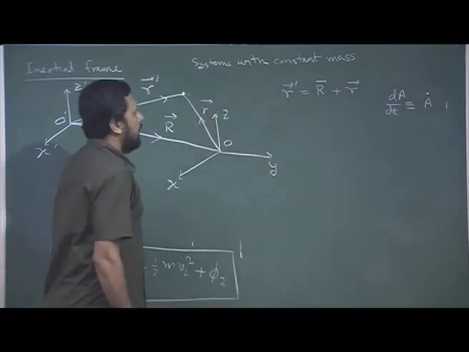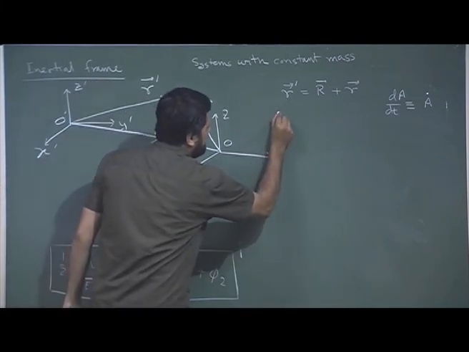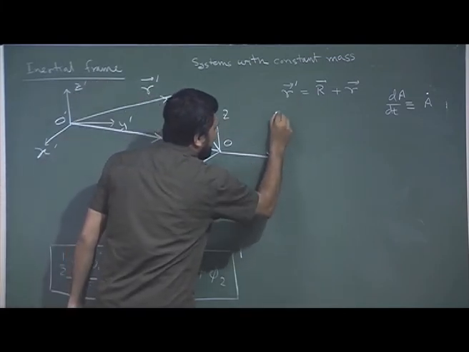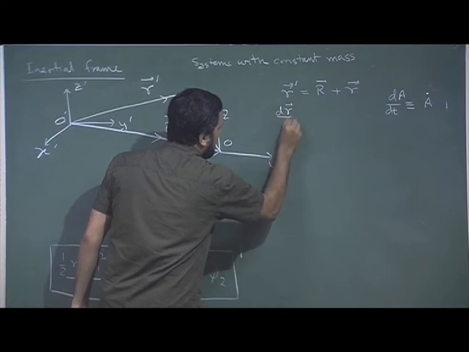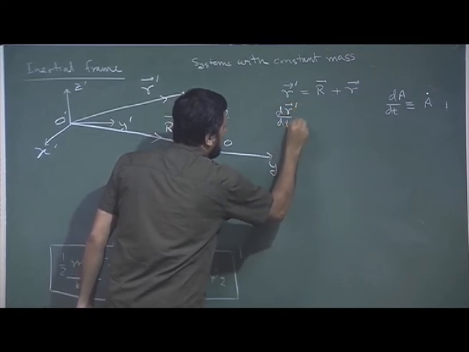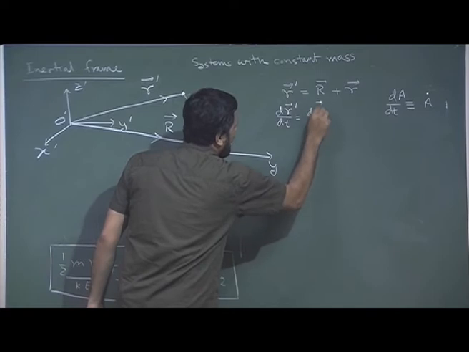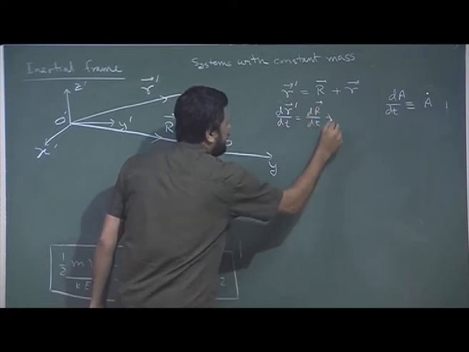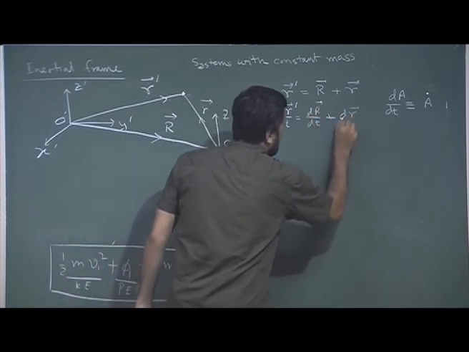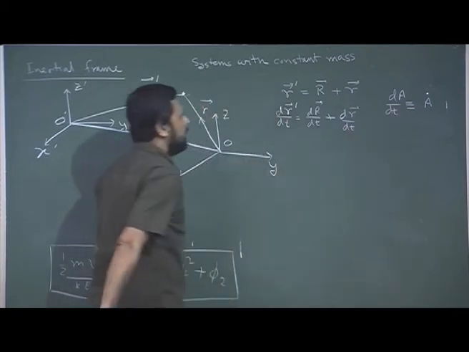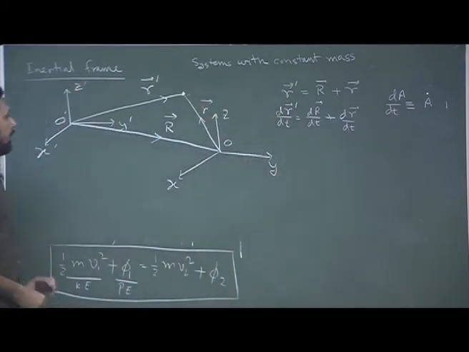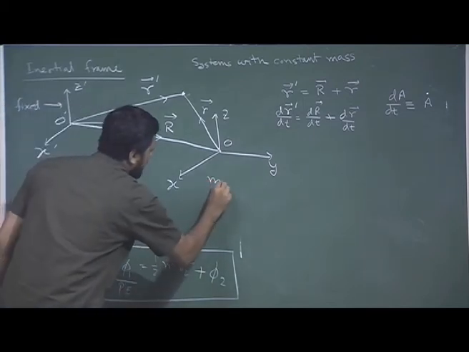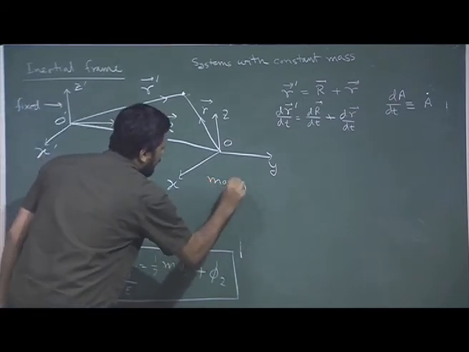Okay. So, if we take the time derivative of this equation, we get dr'/dt equal to dR/dt plus dr/dt. Okay. Now, assume that this frame is fixed and this frame is moving.